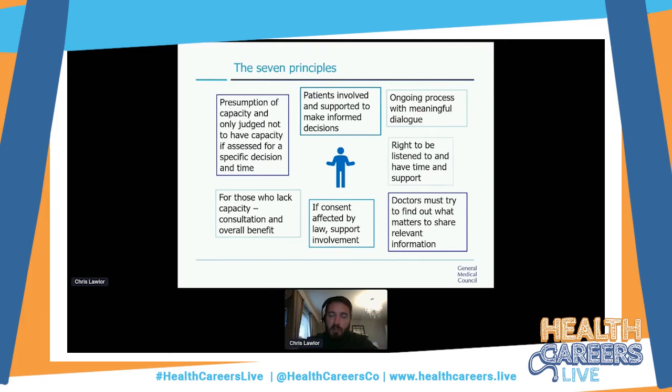Now, that is an extremely difficult and complex decision to make, and no doctor should ever be making that on their own. They should be talking to their colleagues, taking advice from their colleagues, and ultimately involving the legal team at the workplace they are at. Whether that be a hospital or a GP practice, they should have some legal support there who can help when making those types of decisions.